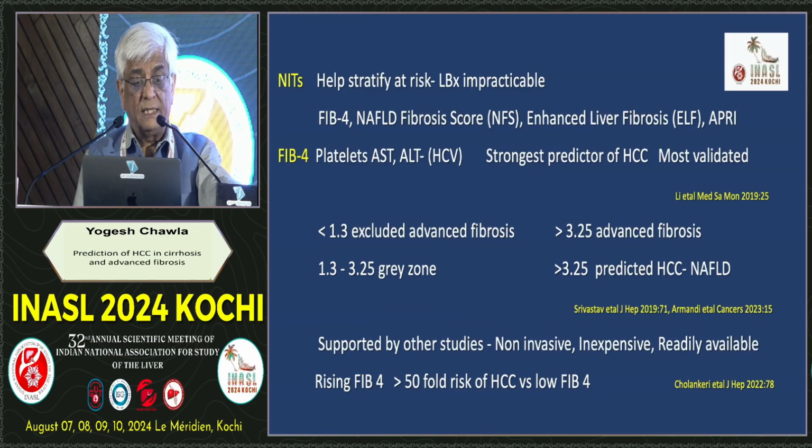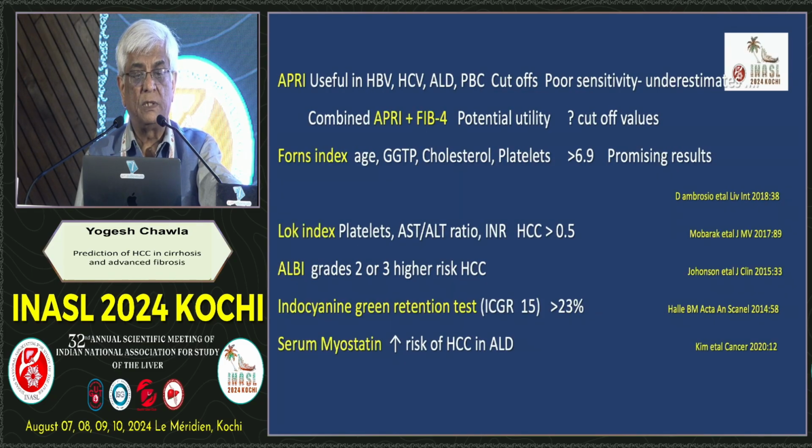A rising FIB4 by more than 50% increases the chance of HCC as compared to a static FIB4. APRI is another parameter which we are all familiar with. Its cutoffs have not been adequately studied, but it has also been shown to be of some value.